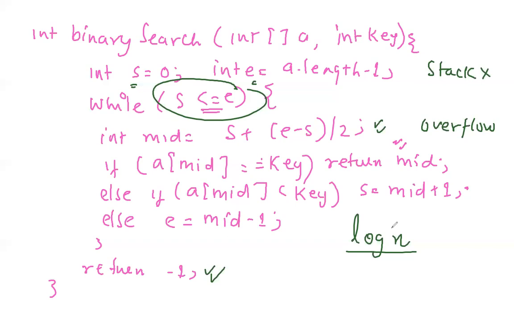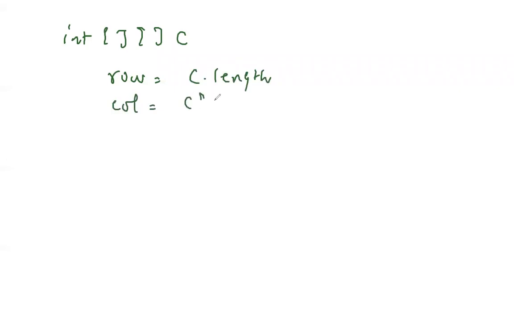Let me write it, then it will be more clear. But good question. So a lot of times we do this: I have a two dimension array, which is C, and we want to find how many rows there are. So we do C dot length, which is correct. And then we do columns equals C of zero dot length. This is where you have to do that.